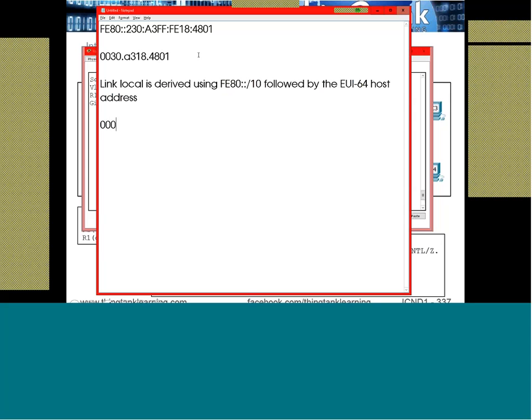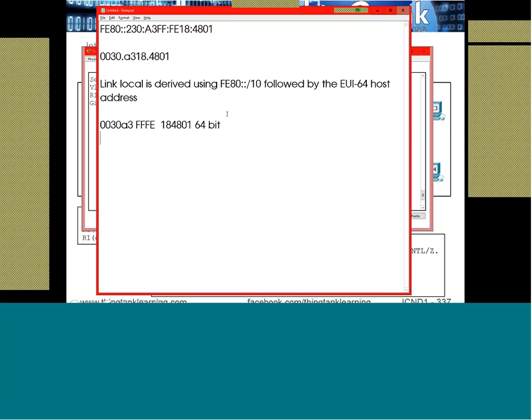You take the MAC address, 0030A3184801. You divide that MAC address in half. You drop in an FFFE. That's the first step. Drop in the FFFE. Now we have a 64-bit address instead of a 48-bit address. Agreed? You guys follow me so far?